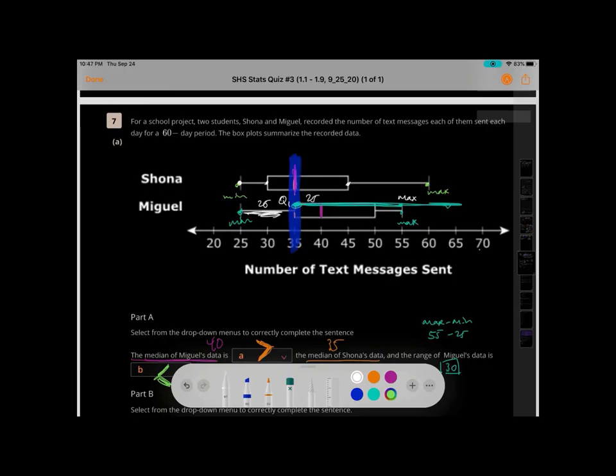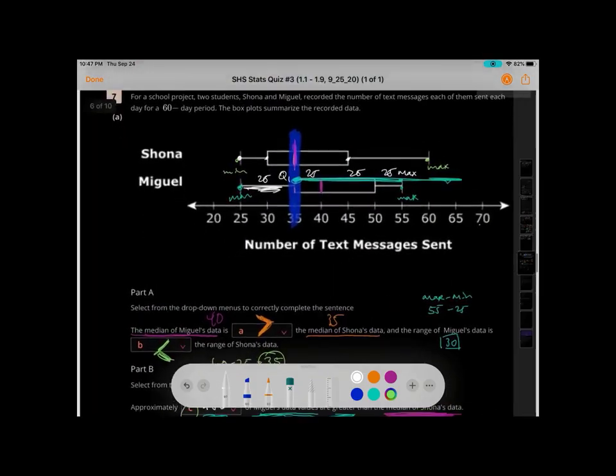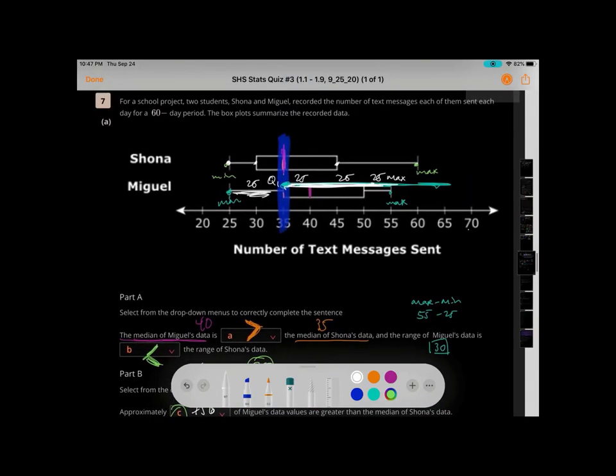So this is 25, 25, and 25. So that would represent 75%. Approximately 75% of Miguel's data values are greater than the median of Shona's data.